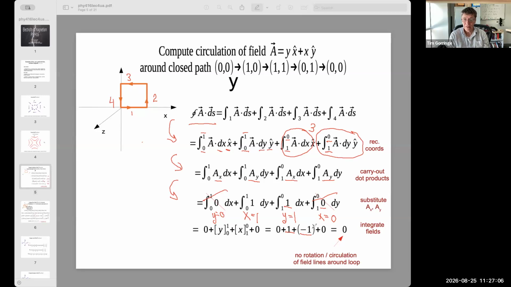We end up with this sum for the circulation around the complete closed loop. Notice on the first step, there was no circulation. And on the last step, there was no circulation. On steps 2 and 3, there were circulations, but they cancel one another out. And the total circulation around the entire loop is 0.